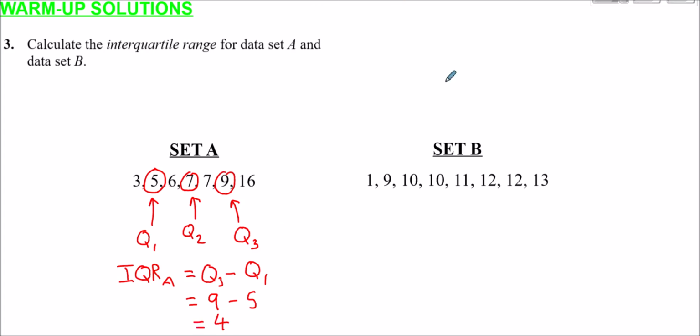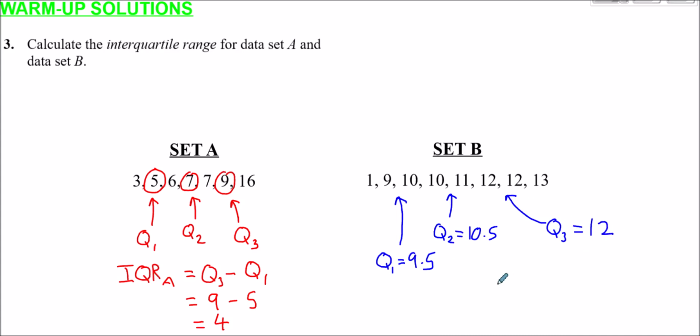For dataset B, we worked this out in question 2. So for dataset B, we had that Q2 was 10.5. We had that the lower quartile, Q1, was 9.5, and that the upper quartile, Q3, was 12. So for dataset B, the interquartile range is again Q3 minus Q1.